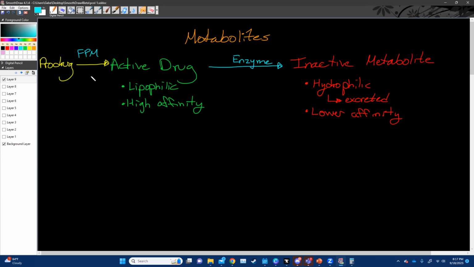So maybe it's too hydrophilic to really be absorbed. Okay, make it into a prodrug. Maybe it goes through such high first pass metabolism that it would have such a low bioavailability. Use a prodrug. So there are lots of different reasons why we would benefit from a prodrug, but the overall usage of them is so that way we can get the prodrug to enter into the body, go through some sort of metabolism, and then have the active drug come out the other side.